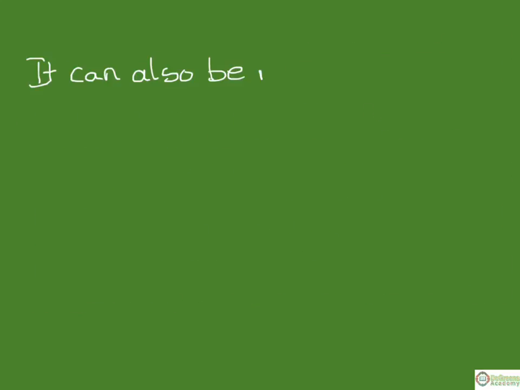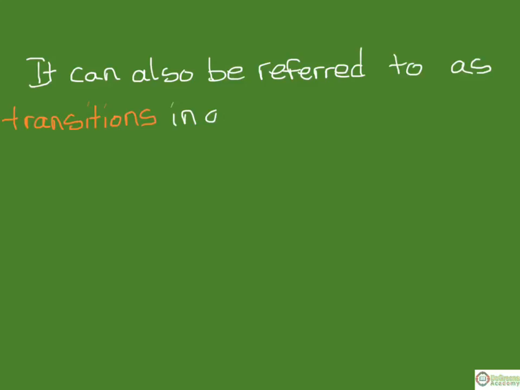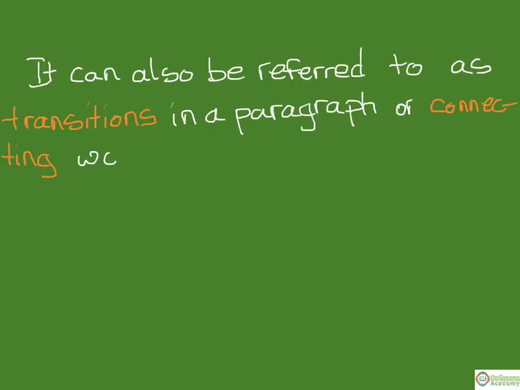And so, these linking words, what is it linking? When we say linking words, it can also be referred to as transitions in a paragraph, or connecting words or phrases. How do we move from one sentence to another?